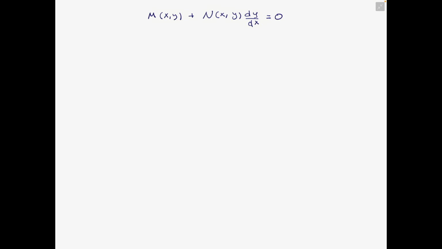So let's go through this again. We have a function M of x, y plus N of x, y y prime equals 0.